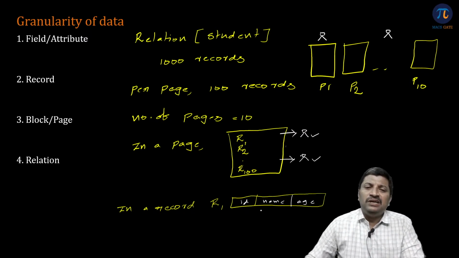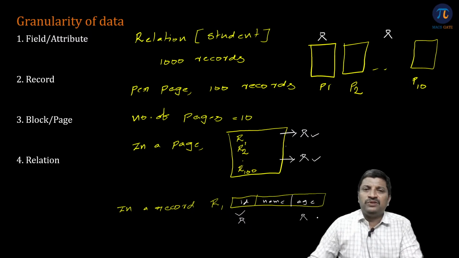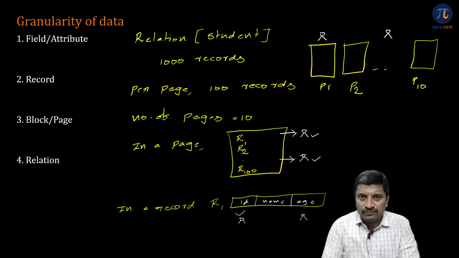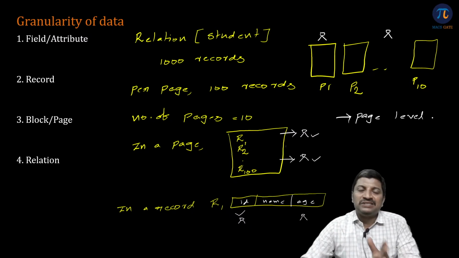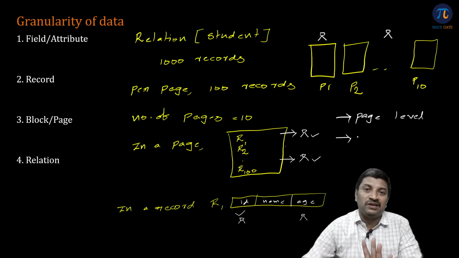The last one, within a record, some candidate is working on the first attribute and some candidate is working on the last attribute. So we are having concurrent access to the relation student. The first one is at page level. When one person is accessing one page, the second person may access another page. That is page level concurrency.